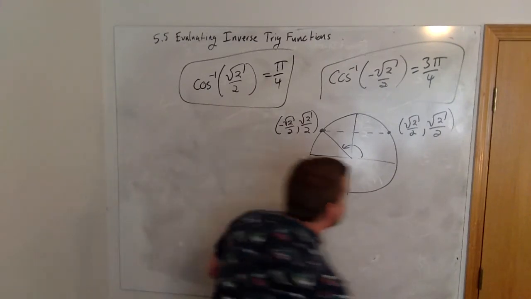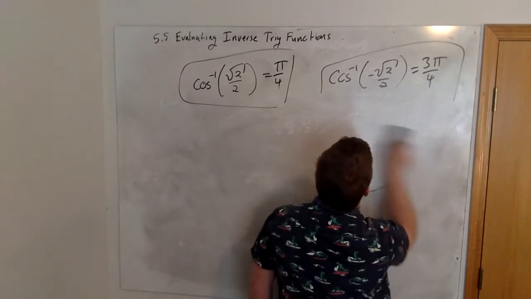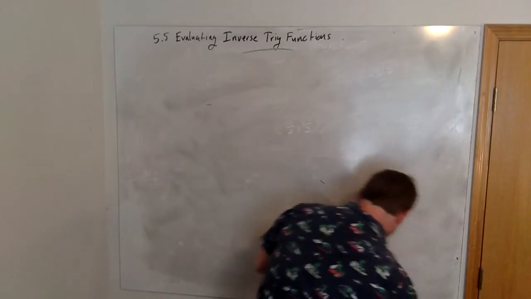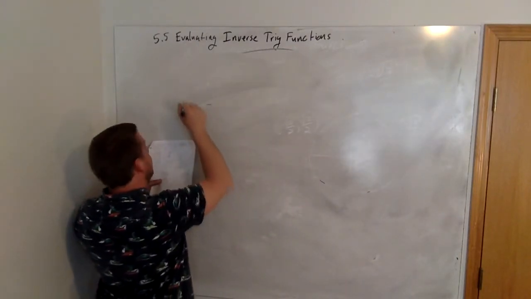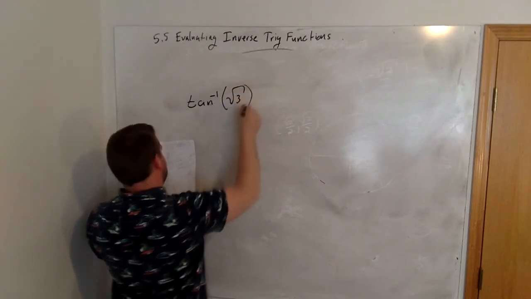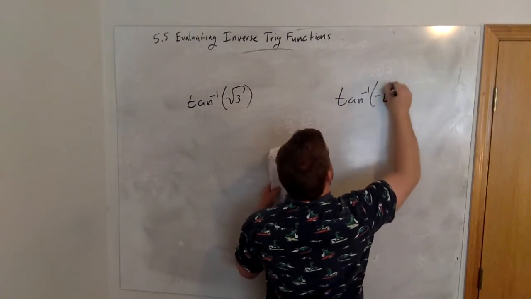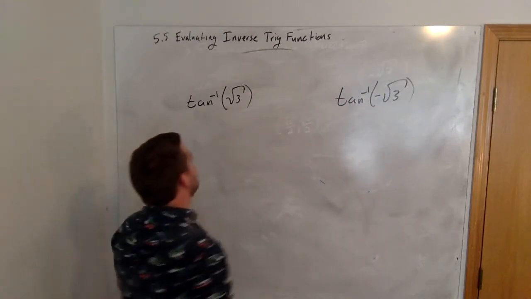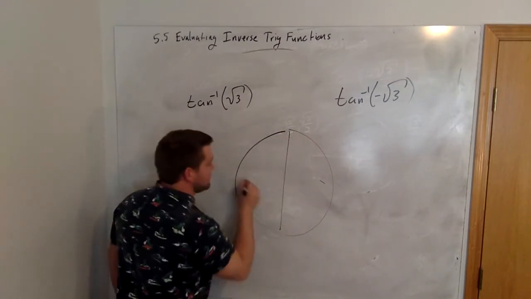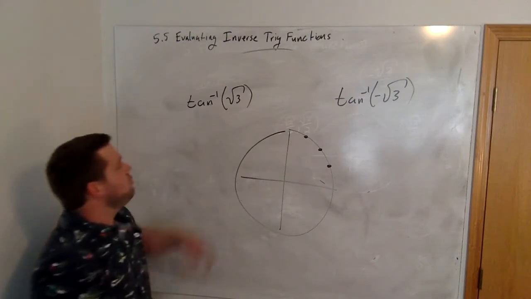Okay, let's do the tangents. We had the tan inverse of root 3, and we also wanted to think about the tan inverse of negative root 3. Let's draw the unit circle. We're thinking in the first quadrant, there's these 3 spots here. Which one gives me the slope of root 3?